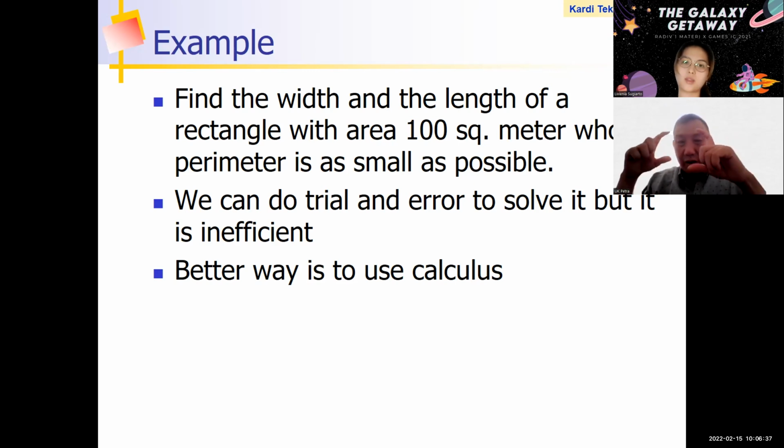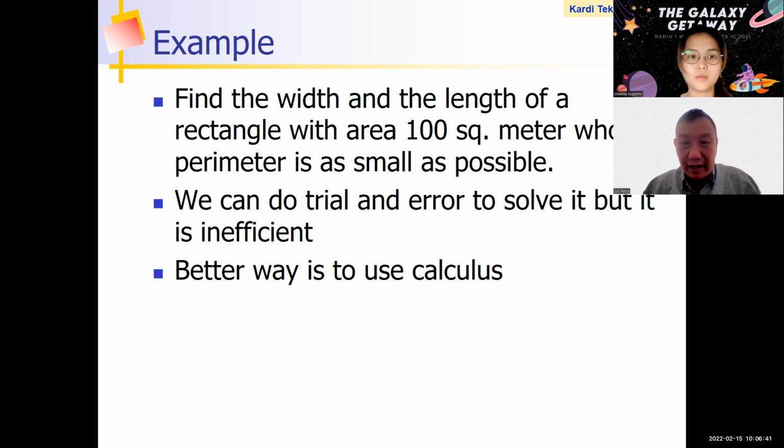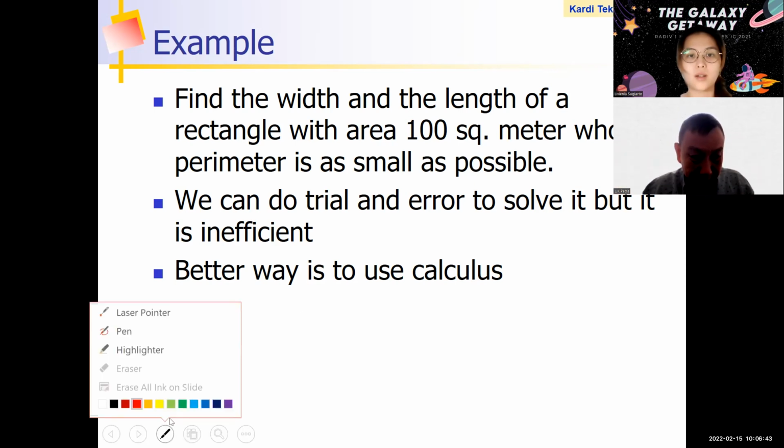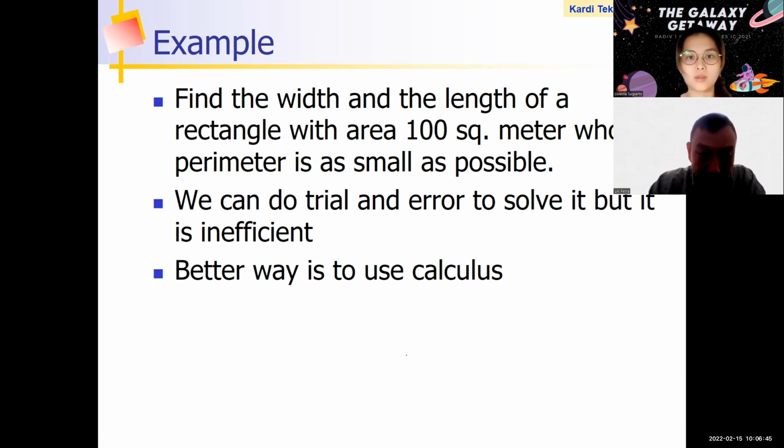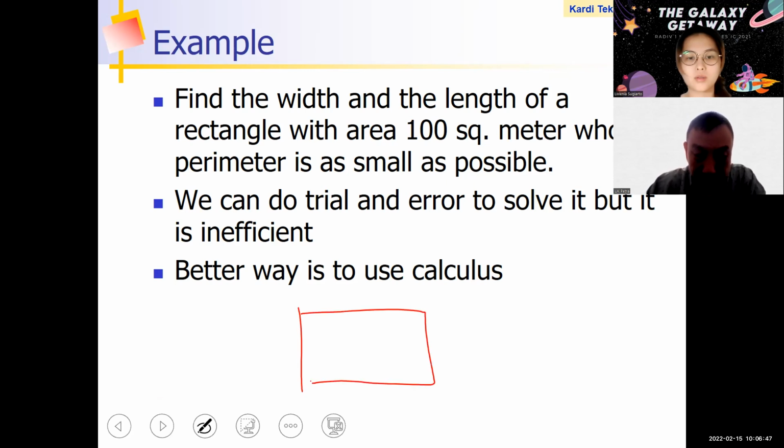Say you have a rectangle, and you have the width and the height. So this is the width and this is the height.